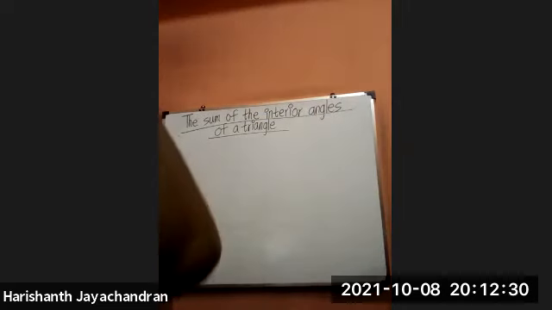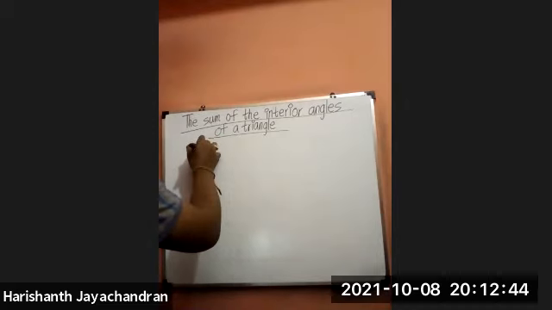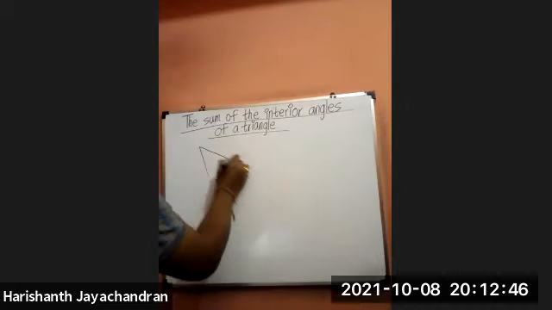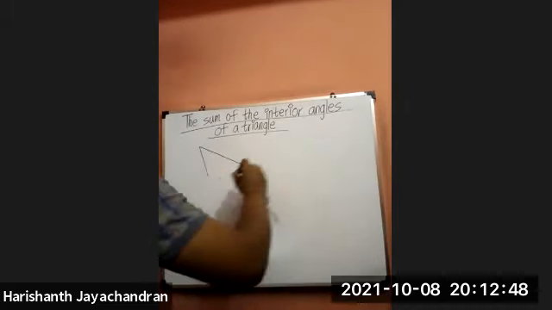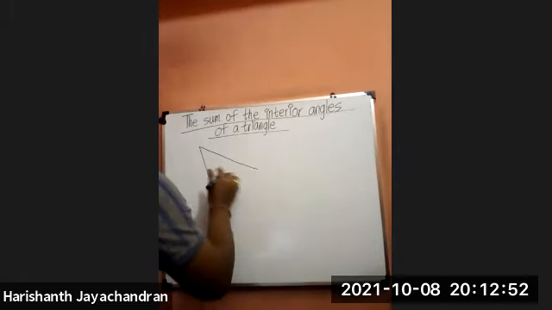So when we look into the sum of the interior angles of a triangle, you all need to know one thing very clearly. Guys, what you can do is draw a triangle according to a rough measurement. You don't need to take exact measurements.